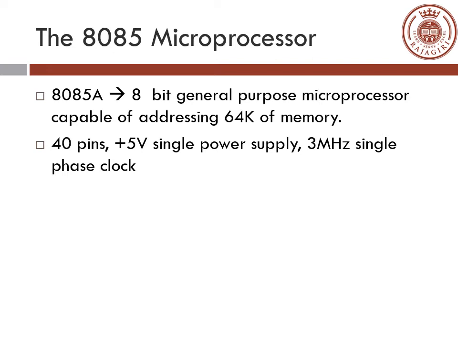That means that the address bus is of size 16 bits. So the data bus is of size 8 bits, it can handle 8-bit data, and the address bus is of size 16 bits. 8085 is a 40-pin microprocessor, the supply voltage is 5 volt, and the clock frequency is taken as 3 megahertz.